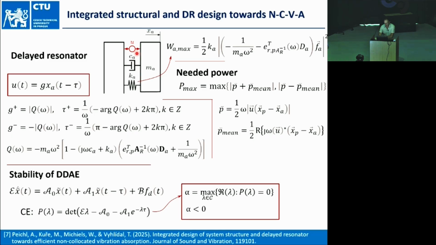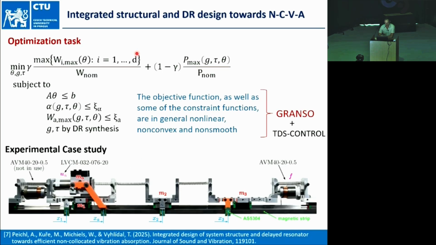So we need more parameters to optimize everything. So we consider as tunable parameters also selected parameters of the mechanical system. And then we form the objective function, so we balance the fatigue in terms of the maximum of the potential energies with the power consumption.